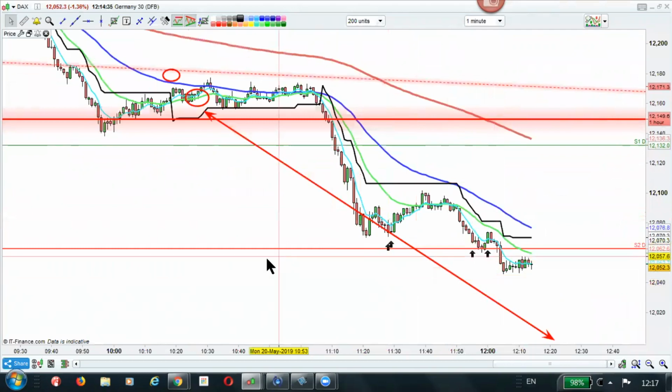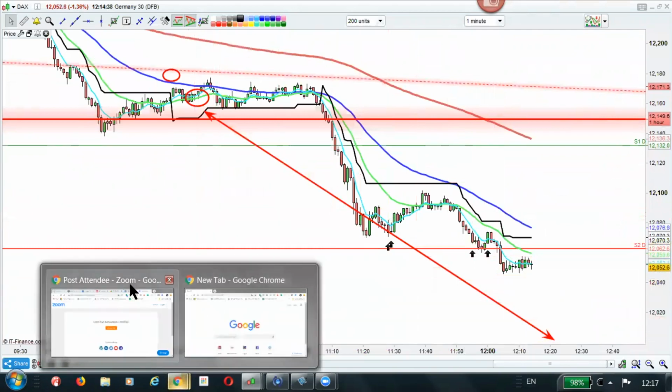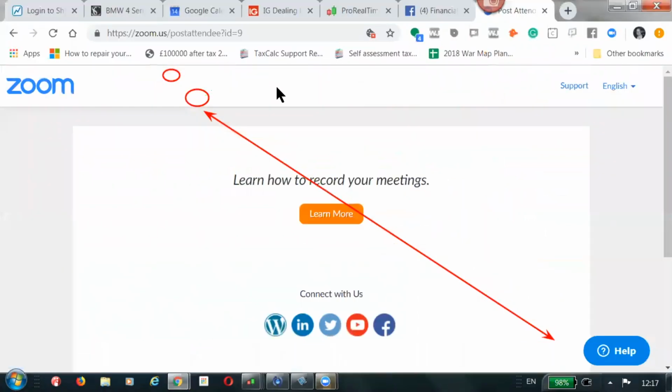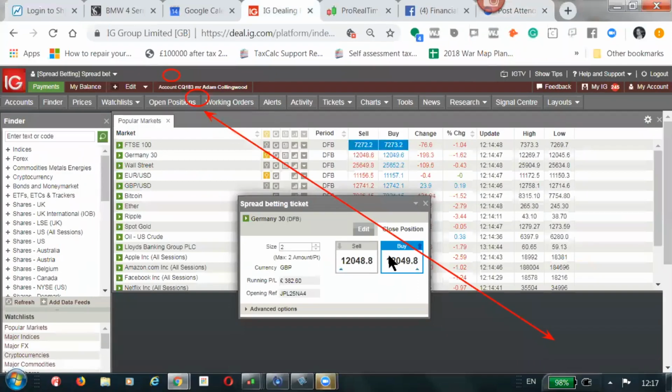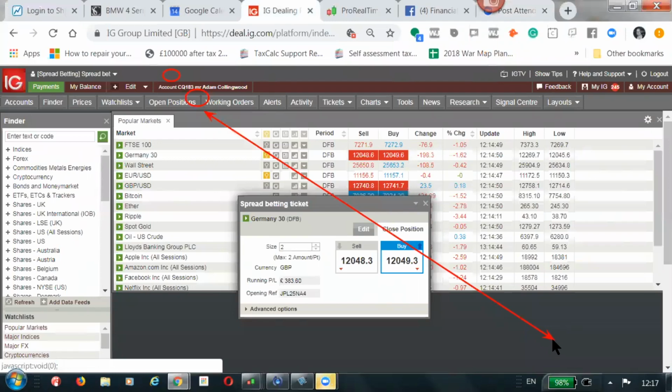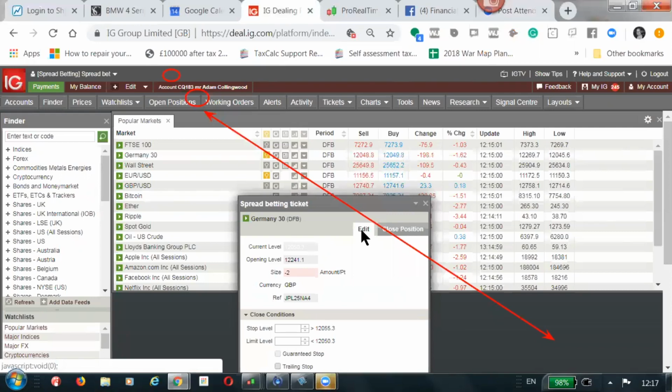So let's have a look at the spread bet ticket. I just leave these on at the moment, that's fine. You can see at the moment we've got almost 190 pips. Let's get rid of that bit at the top there.